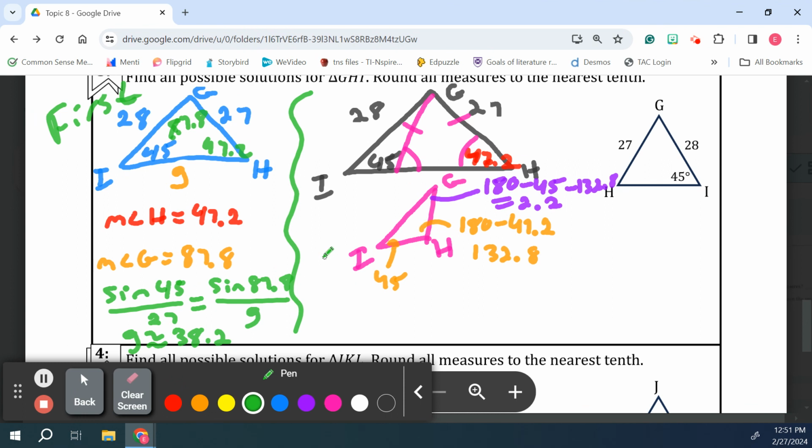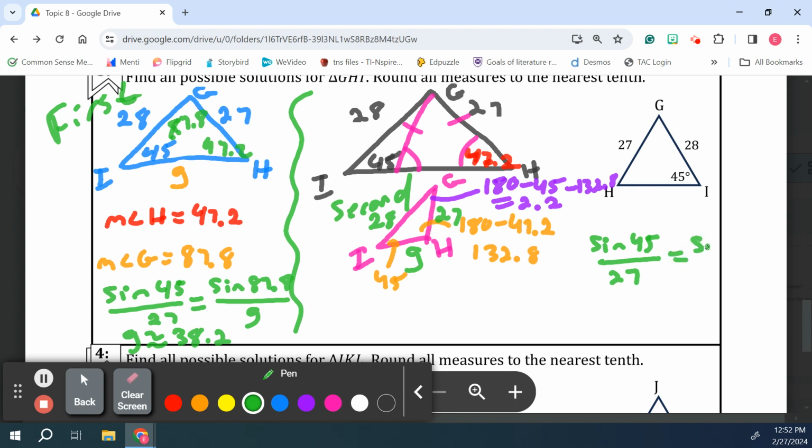Okay, now that takes care of solution one. The second solution is with this triangle. Now we have this isosceles situation going on where this is now 27. This is 28. We have 2.2. This is our little g. So for the second solution, we're going to have the sine, again, of 45 over 27. That comes from here. That didn't change because this isosceles is still 45 over 27.